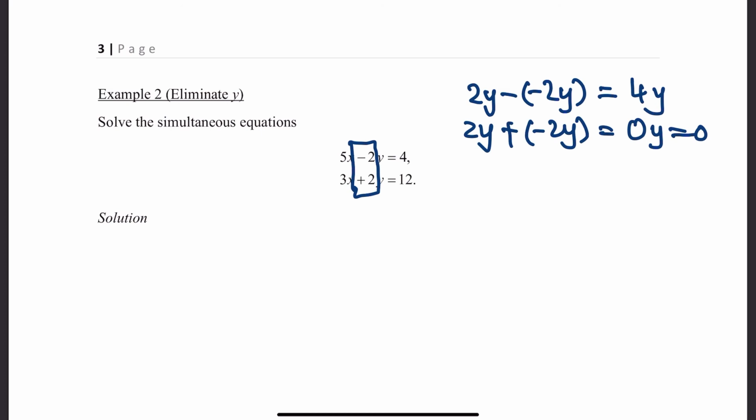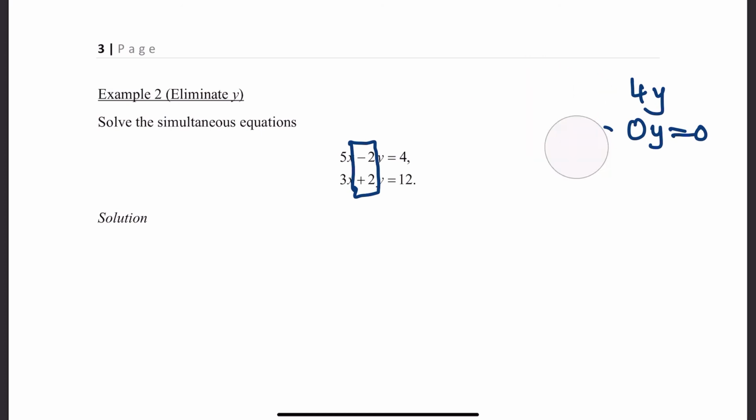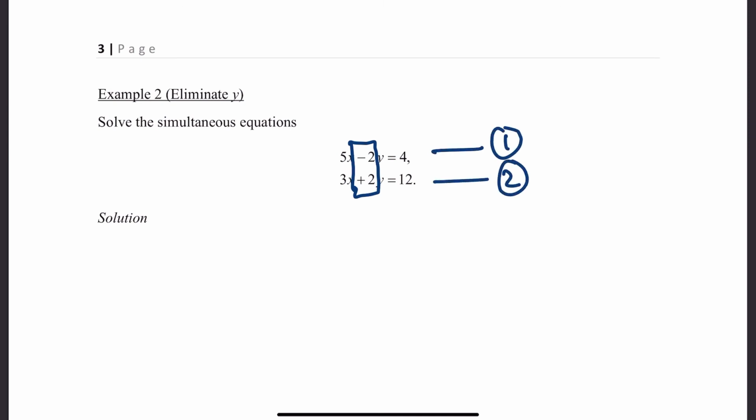So let's begin. What I need to do first of all again is to name this equation 1, this is equation 2, and bear in mind just now I have mentioned that I'm going to take 2y plus negative 2y. So let me show you one more time. It is 2y plus negative 2y. So this is the 0 pair that I'm talking about, and it's going to give me 0y, which is just 0.